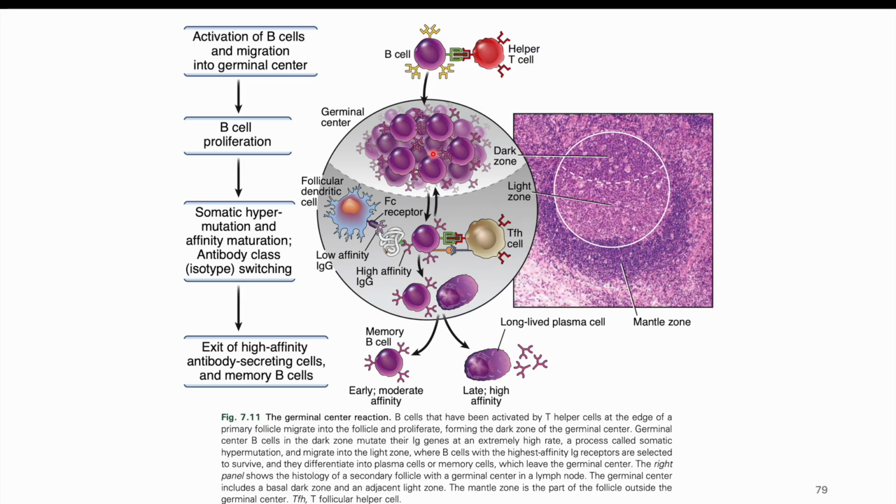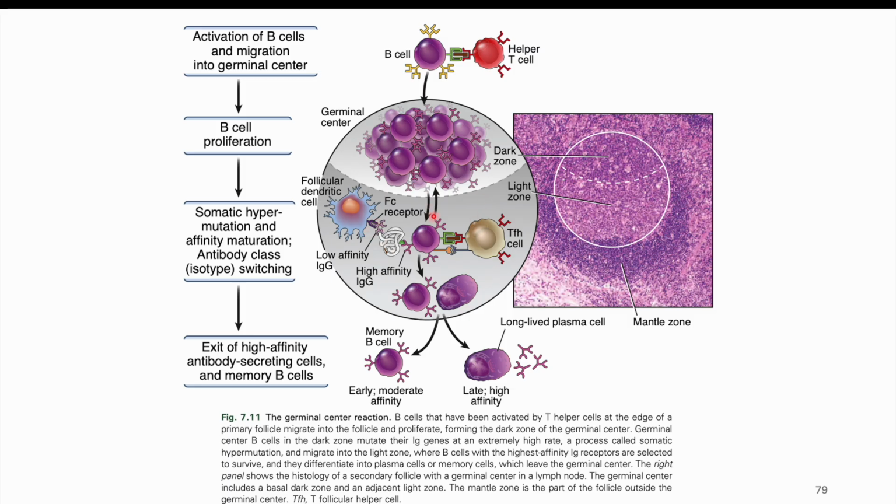So if you remember, we have seen the formation of VDJ joining and all those specificities, non-specificities, all those things will come into play. So somatic hypermutation and affinity maturation will take place. This will ensure that whatever antibody we are making now is of a highly specific type. So it can be IgG1 or IgG2, right? So those things will be specified at this zone.